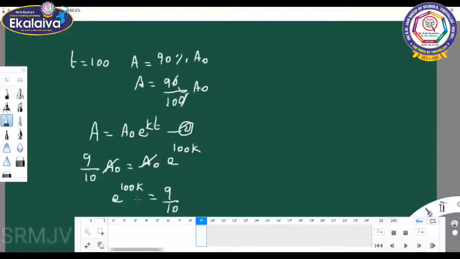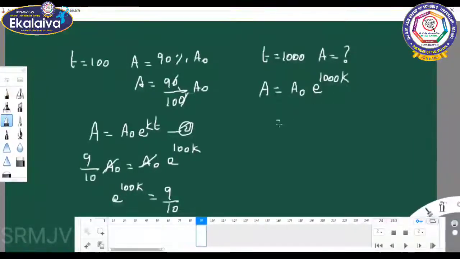So, what is the next one? What percentage of the original radioactive nuclei will remain after 1000 years? So when t equals 1000, what is A? In the same way, A equals A naught into e power 1000k.